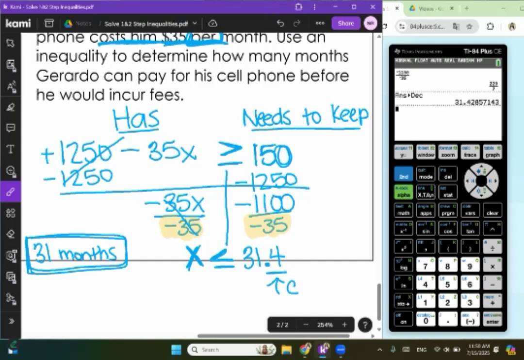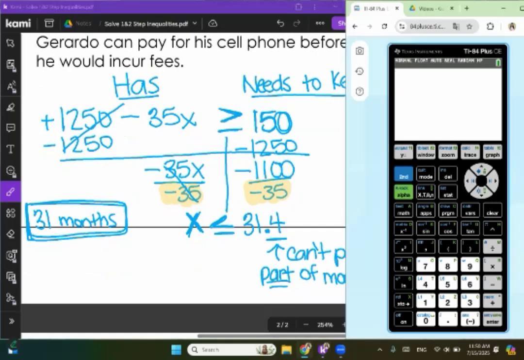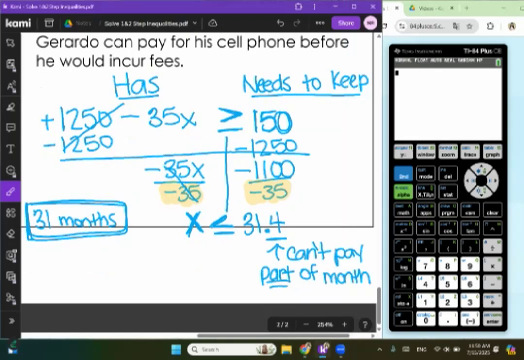So he can't pay part of a month. That 0.4 represents a part. Okay. All right. So now it's time for you guys to practice on your own.